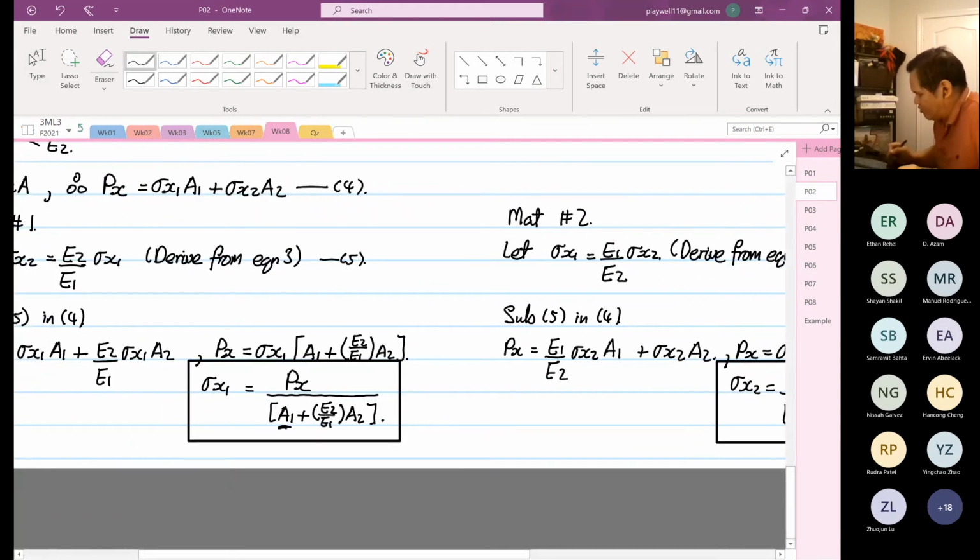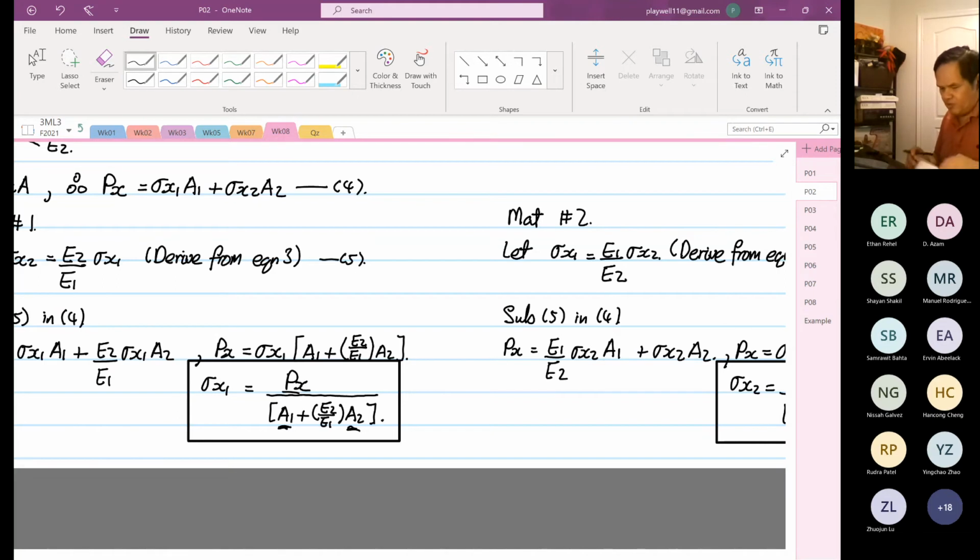So you know area of 1, area of 2, you know the two Young's moduli, you know your P of x. You just substitute them in. Now, the areas over here are the true areas. You don't compensate by the n. It's not the same as in bending.